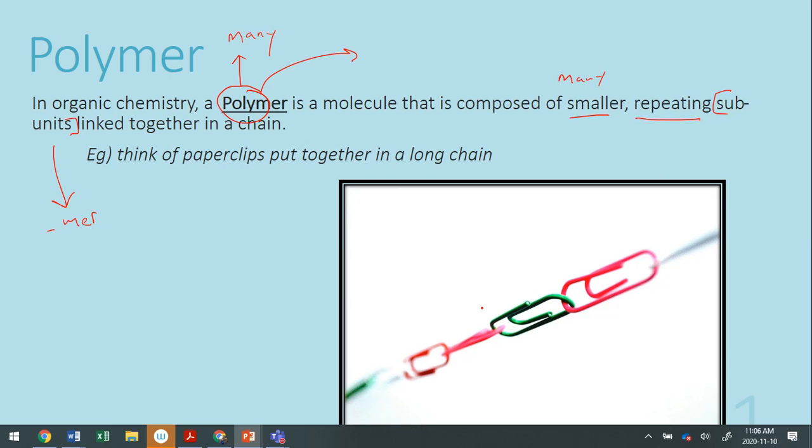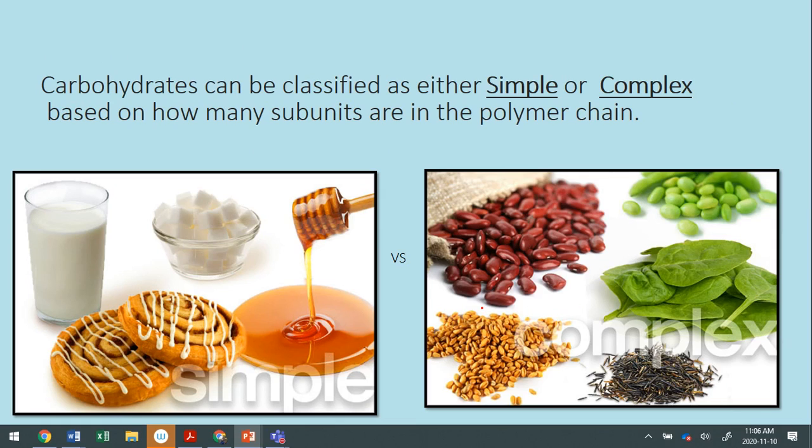So a polymer is a monomer joined together many, many times in a big, long, repeating chain. Now, why am I telling you this? Well, all the macromolecules we're going to be talking about come in polymer form.